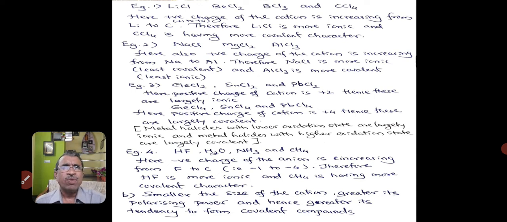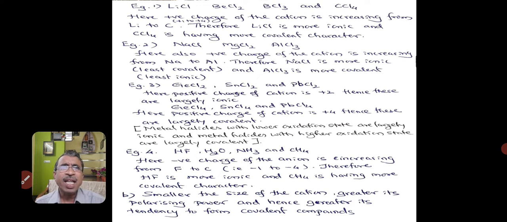When we take an example, lithium chloride, beryllium chloride, boron trichloride and carbon tetrachloride, here the positive charge of the cation is increasing from lithium to carbon. Therefore, lithium chloride is more ionic and carbon tetrachloride is having least ionic or more covalent character.